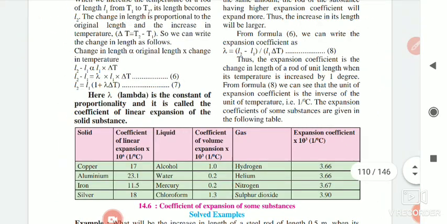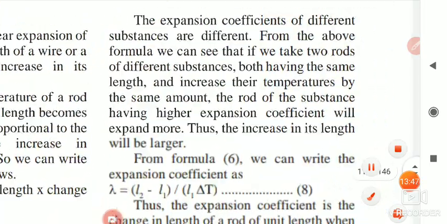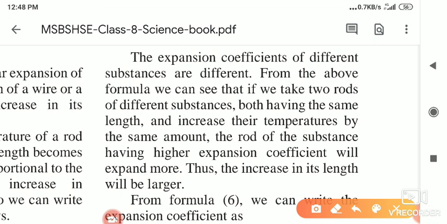Now the next point is that the expansion coefficients of different substances are different.